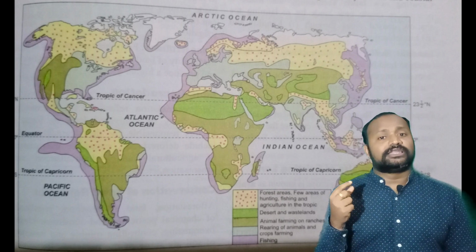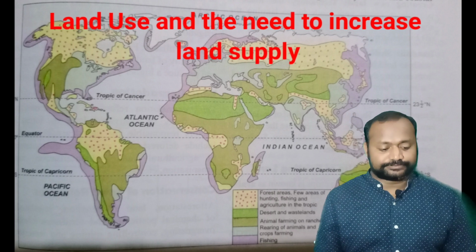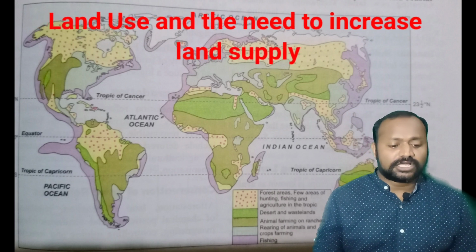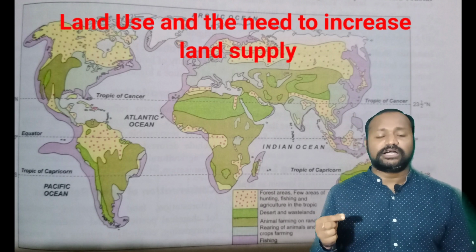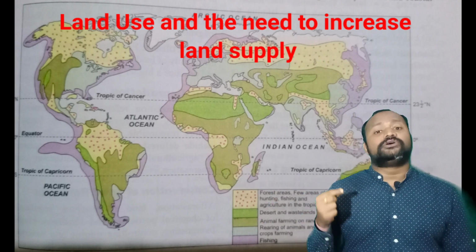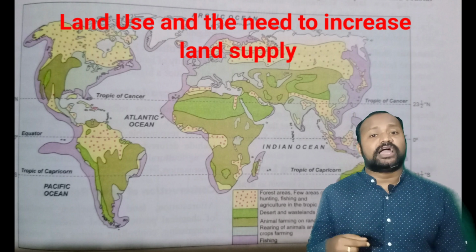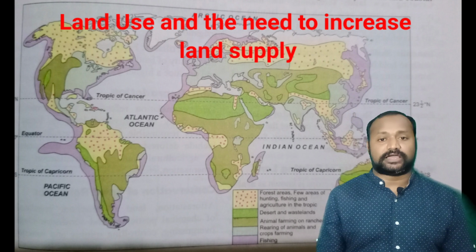So the land over the earth's surface is very limited. Let's discuss land use and the need to increase the land supply: for what purpose we are using the land, and how to increase the land supply.